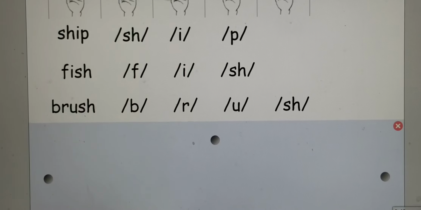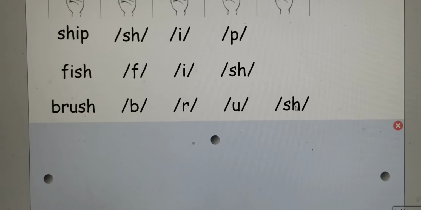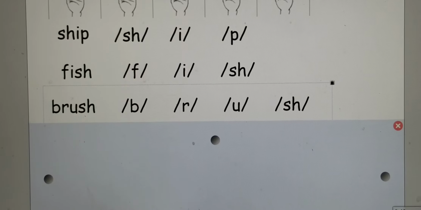So we have b, and you know this sound. The S and the H, it makes one sound, and it's the shh. So let's try it. B, sh, sh. Brush. That's right. And you use a brush for your teeth and for your hair, and maybe Dad uses it for his shoes, and you also have a brush for your clothes. Great, boys and girls.